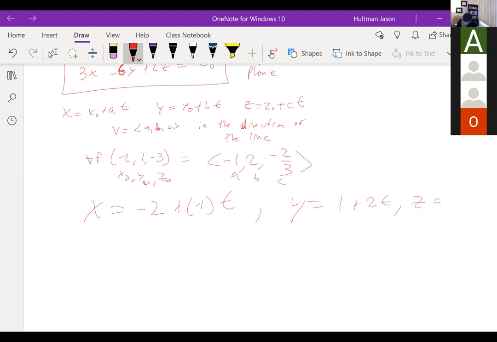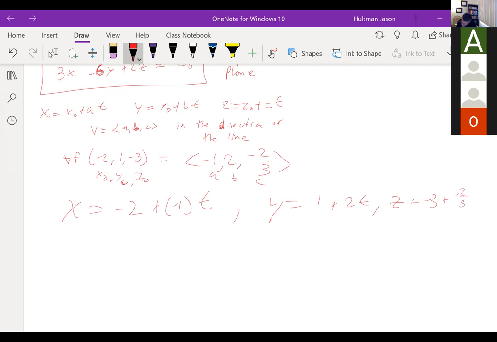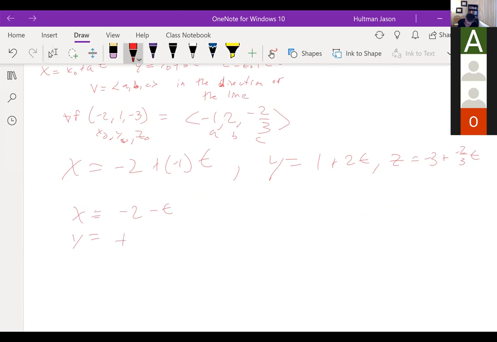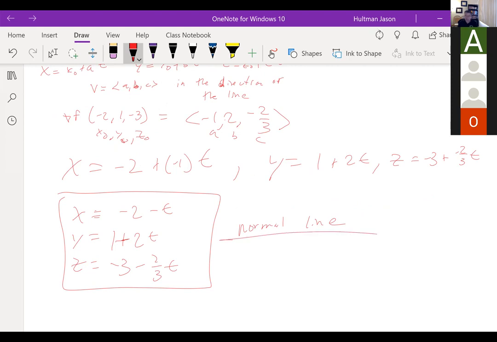And then z is equal to -3 plus -2/3 t. So let me clean this up. X is equal to -2 minus t. Y is equal to 1 plus 2t. And z is equal to -3 minus 2/3 t. This is the normal line. So we find the tangent plane, and then we can find that normal line.